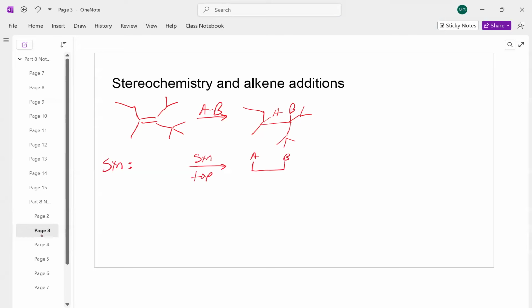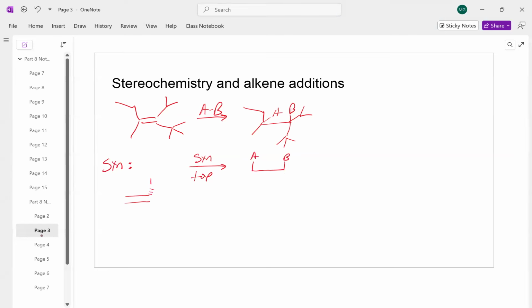Well, how do I deal with dashes and wedges to show stereochemistry? Because if I just draw the groups in here like this, I'm not showing any stereochemistry. And if you did that on an exam, you wouldn't get full credit because you have to show stereochemistry. So what I want you to think about is, I'm going to redraw this alkene, and I want you to imagine, it's very hard for me to do this in two dimensions, but think of it like you're looking from the side, and these two groups are going away from you.